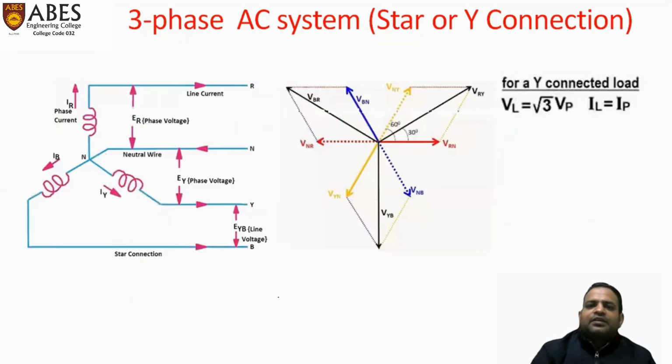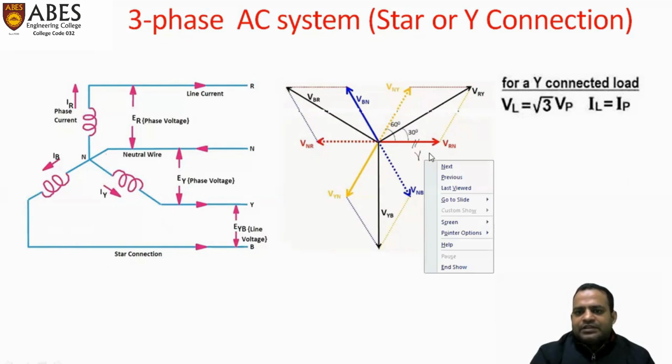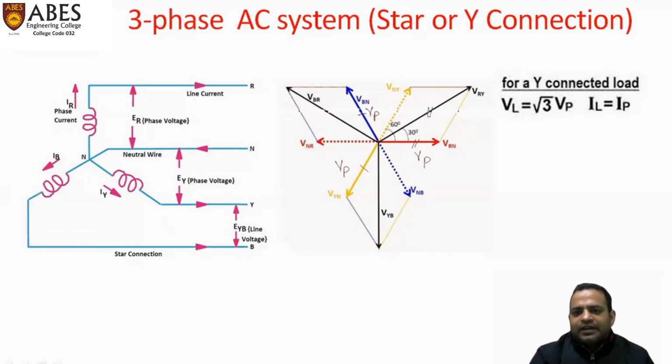In this slide, we are discussing the phasor diagram of these line and phase quantities. These three are our phase voltages, and by taking two phase voltages, we find our line voltages in this red vector.